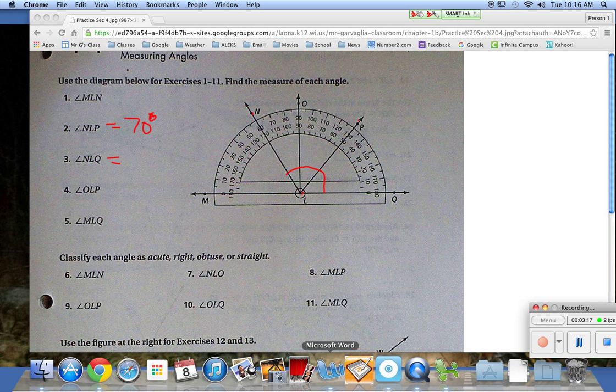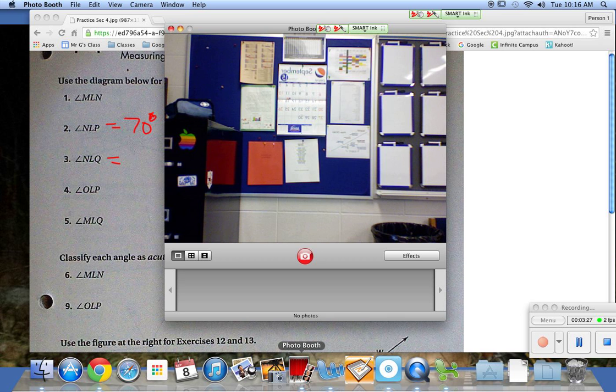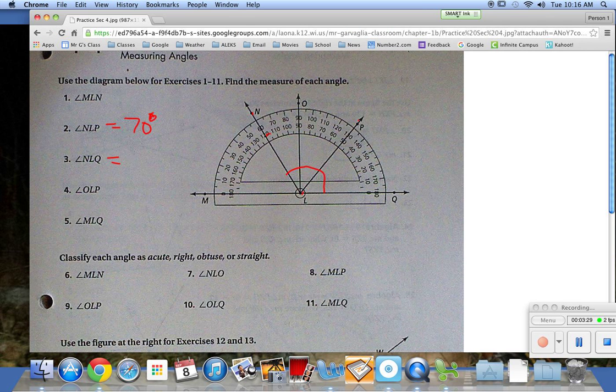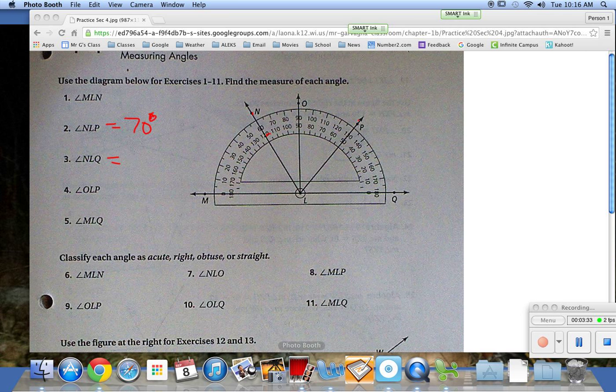This starts at 0. Notice that here starts at 0 and it goes around over to 120. Okay. So this is 120 degrees.